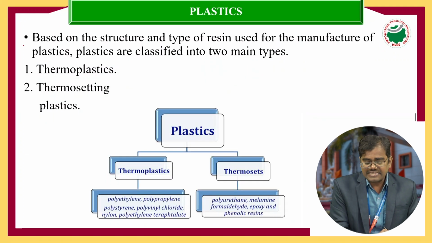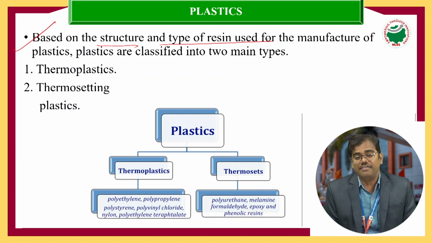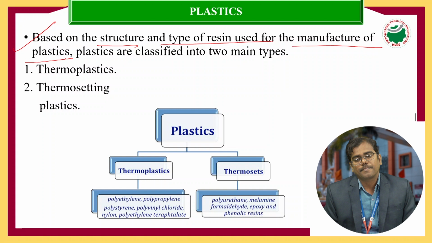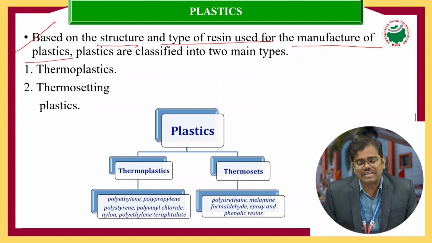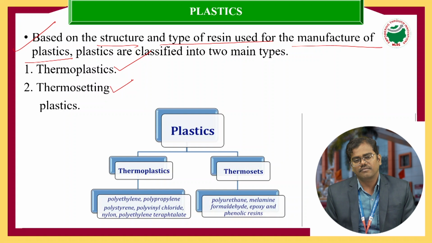Next, the classification, based on the structure and the type of resin materials used in the manufacturing of plastics. These plastic materials we can classify into two types: one is thermoplastic resin materials and the second is thermosetting resin materials.